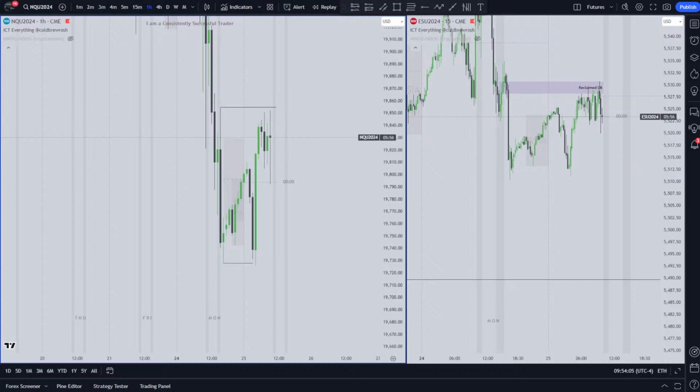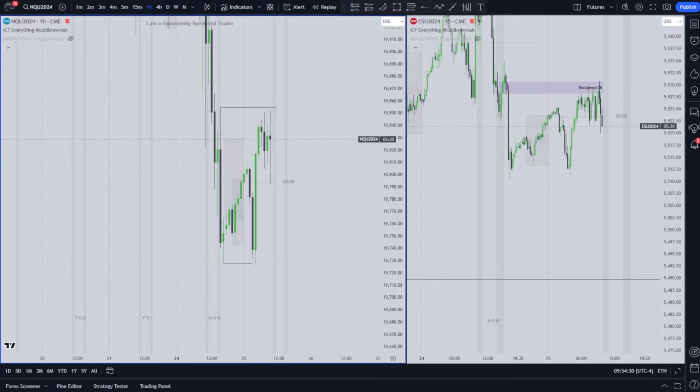This is of a PowerPoint I'm making on fair value gaps, an entire guide with everything I've ever learned about fair value gaps. This is just one slide, towards the end, and there are a few slides about this.